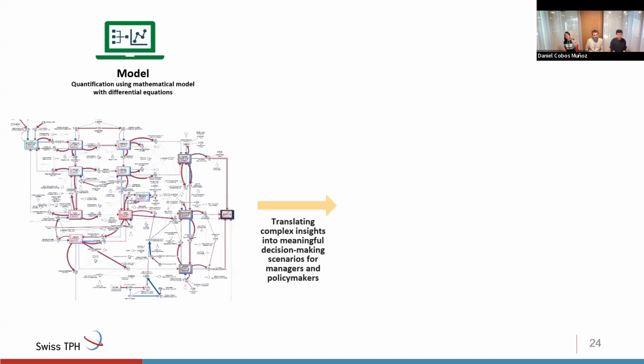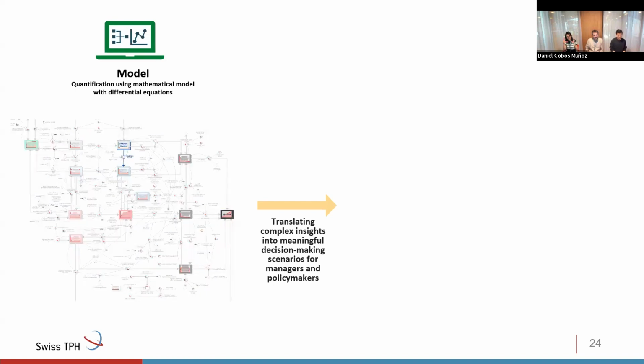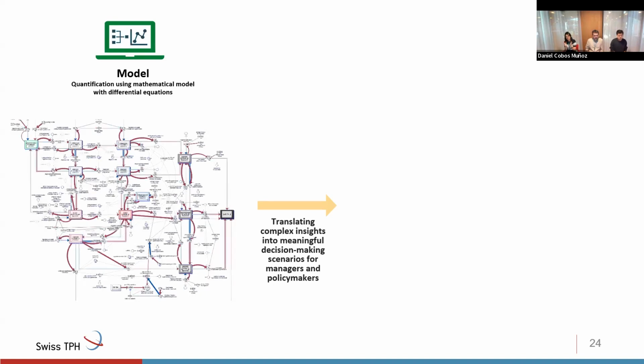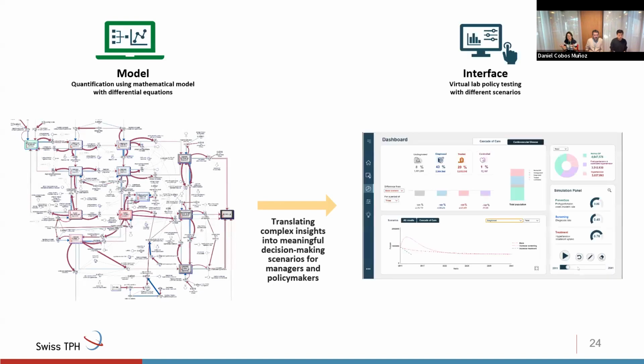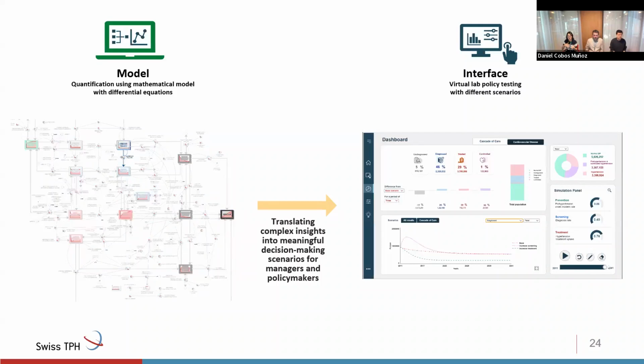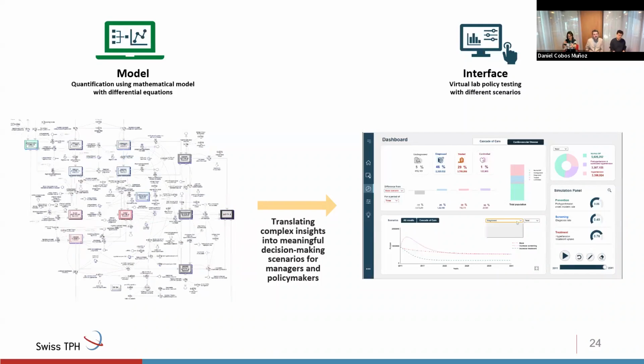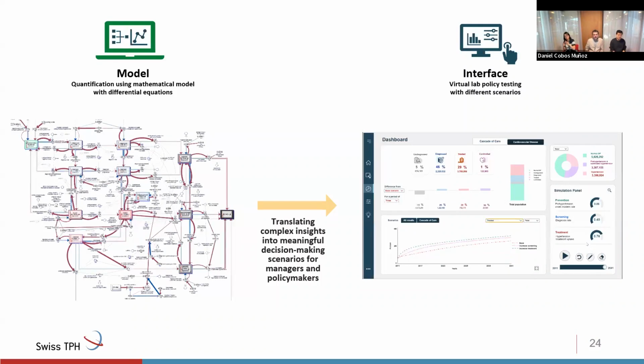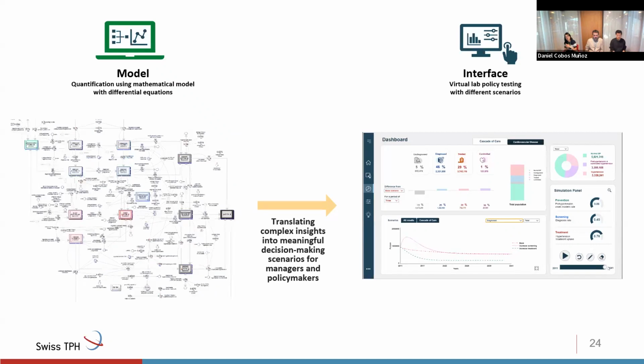In the model, we are translating this complex insight, but within a 15 minute discussion with stakeholders, we might not be able to explain every single structure. So we go on to a simplified interface. If you move on to the next one, which Dana has talked about, I will not go into this furthermore. Next page.